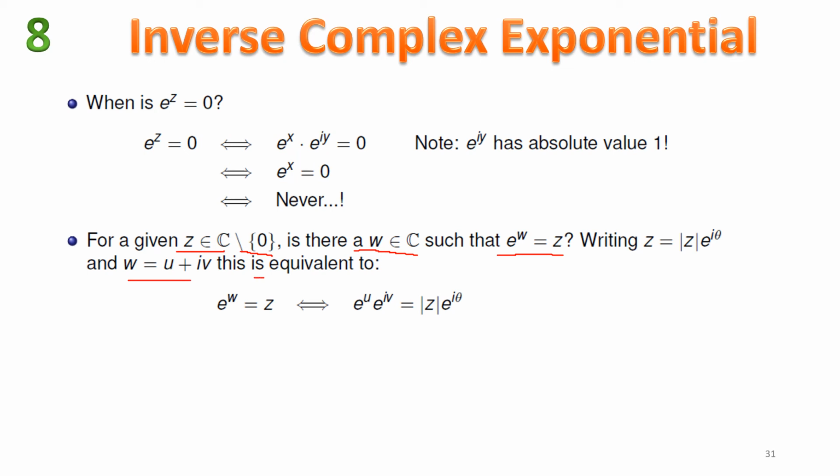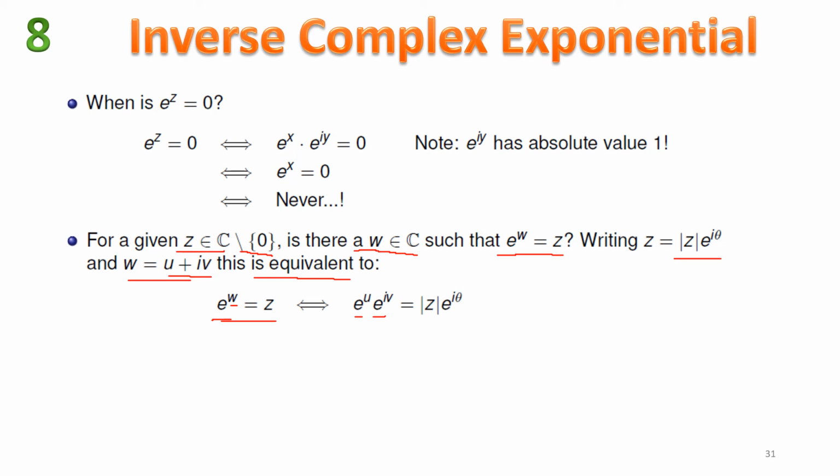So this is equivalent to e to the w is equal to z. That's what we are trying. So w we want to replace by u plus iv, and we are factoring the radial part and the angular part. And z we have written as mod of z into e to the i theta.